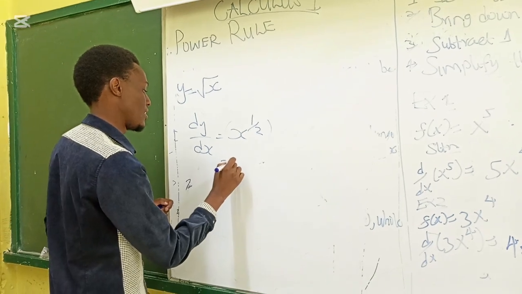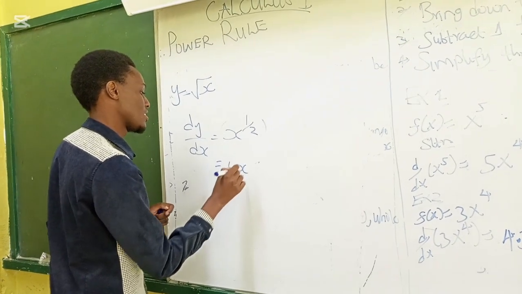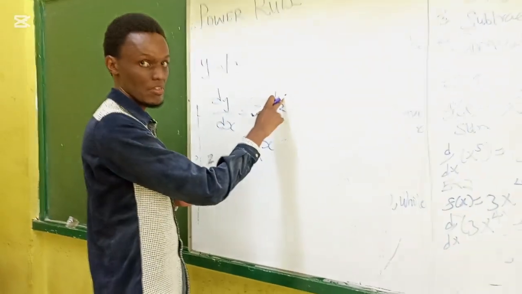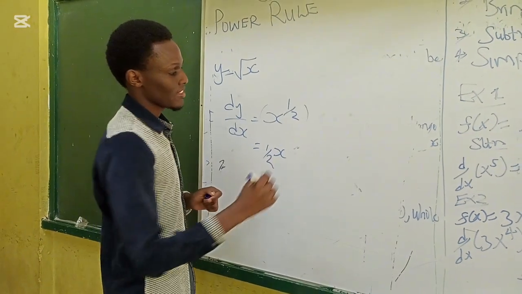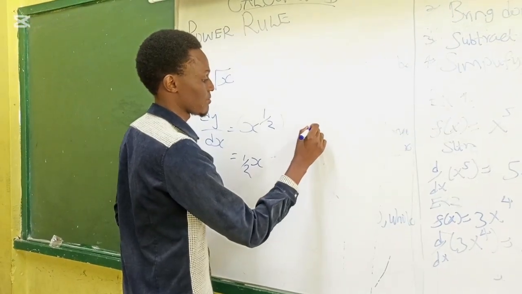So it will be half x, and then we subtract 1 from half.